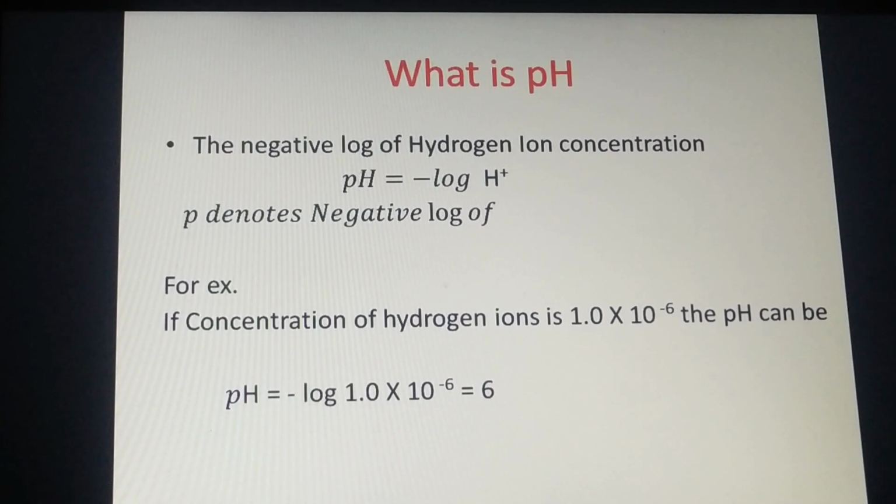For example, if the concentration of hydrogen ion is 1 into 10 raised to power minus 6 molar, then pH is equal to minus log 1 into 10 raised to power minus 6, which is equal to 6. Thus pH is equal to 6.